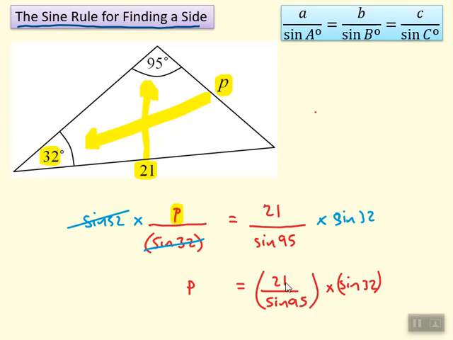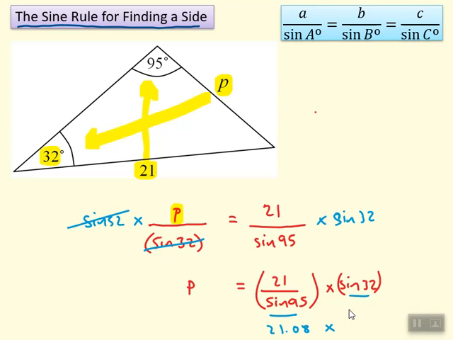First, I'm going to work out 21 divided by sine 95. Please do this with me. That gives me 21.08 something. Then I multiply that by sine 32; by the way, you can do this in one go.